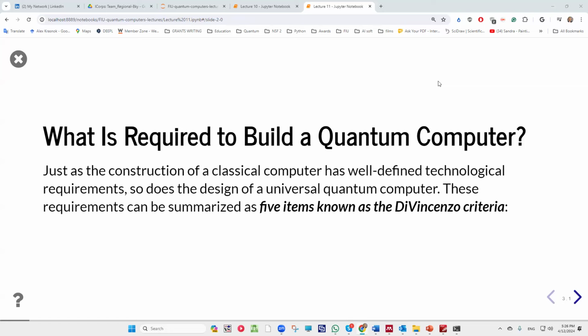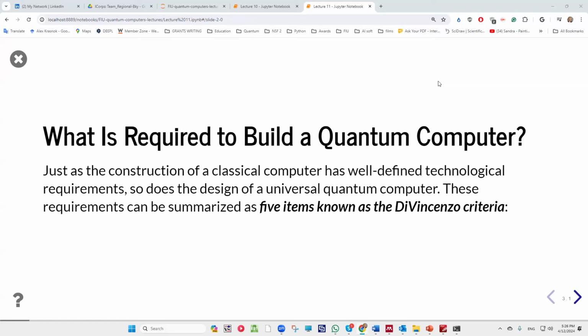And we call this system with two alternatives a qubit. In this sense, a qubit can be literally anything that can acquire two distinguishable states.